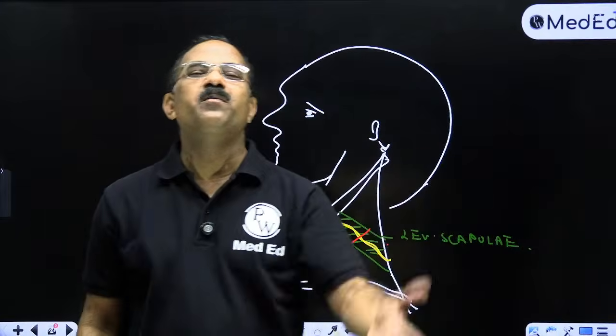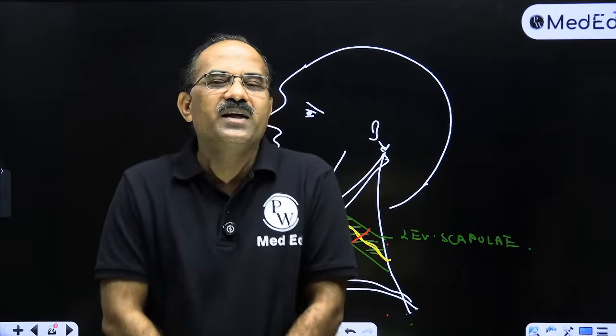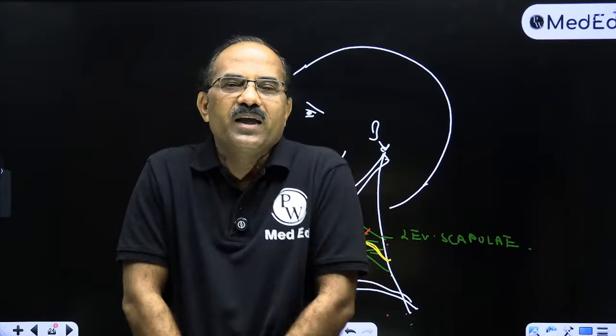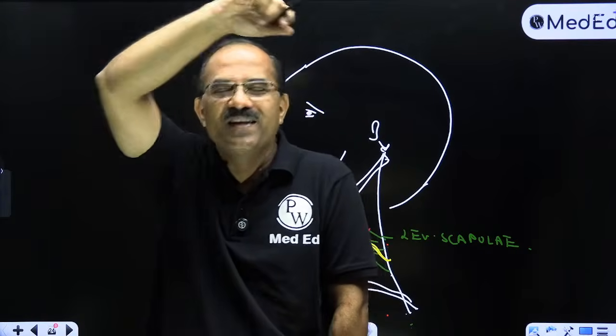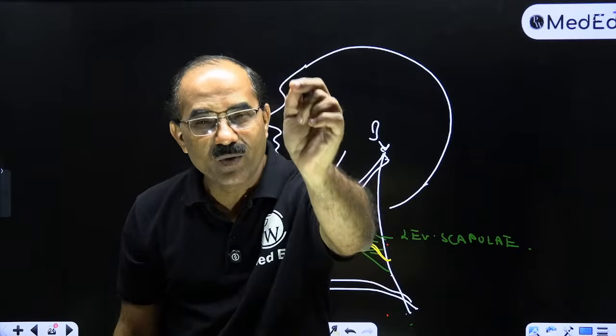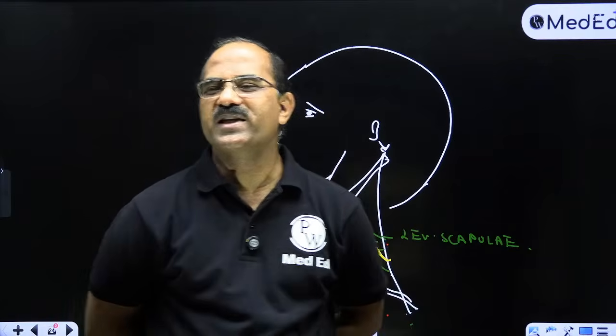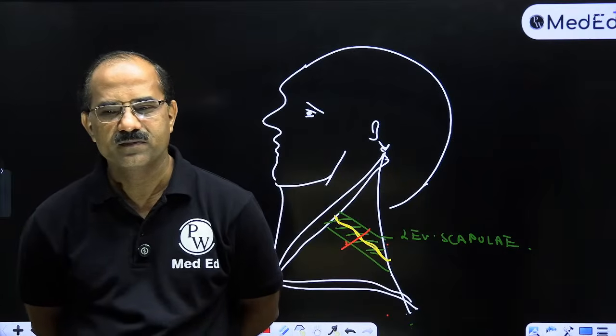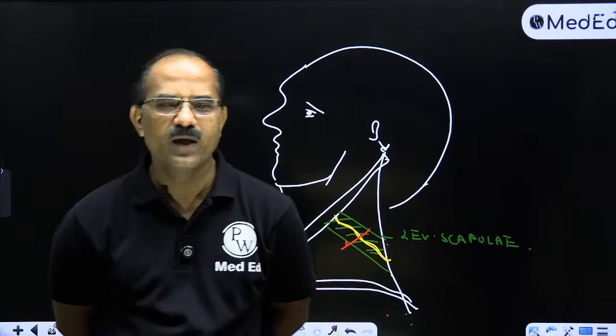What will the person complain of? The person complains of difficulty in shrugging of the shoulder, difficulty in overhead abduction, and winging of the scapula at rest. Okay, fine.